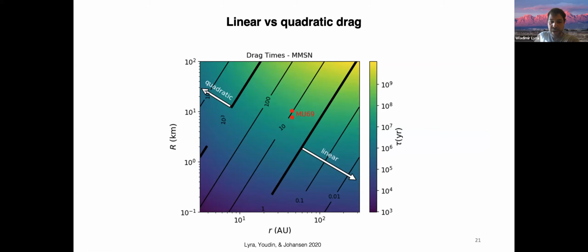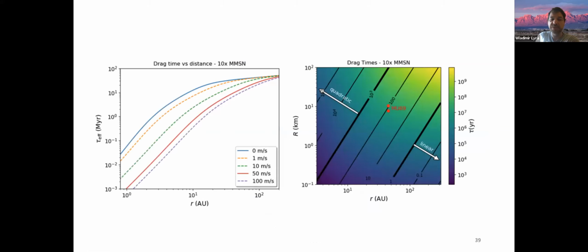I also tried 10 times the minimum mass, which is shown here in this plot, and the results, you can push it a little further out. So the Kuiper belt distance would be here, right? So if you put 10 times the minimum mass, you bring this number closer to the quadratic drag, but the drag times are still high, still of the order of like 8 million years or so.